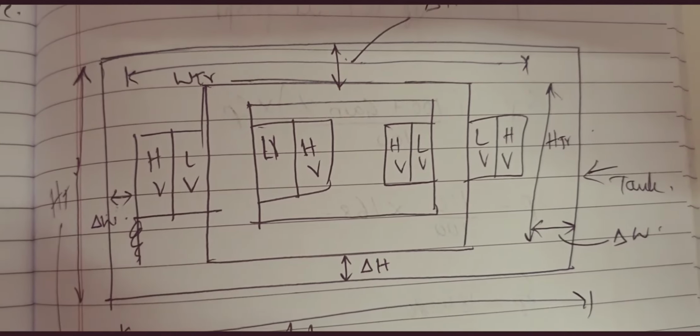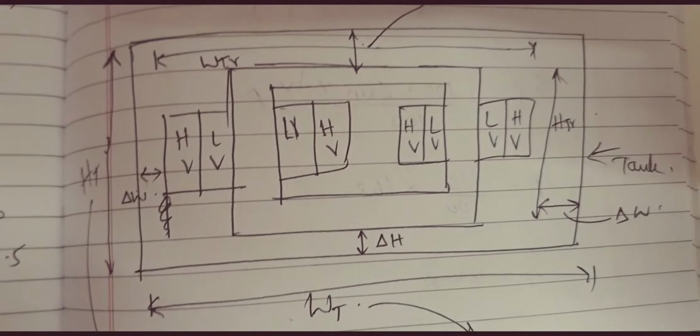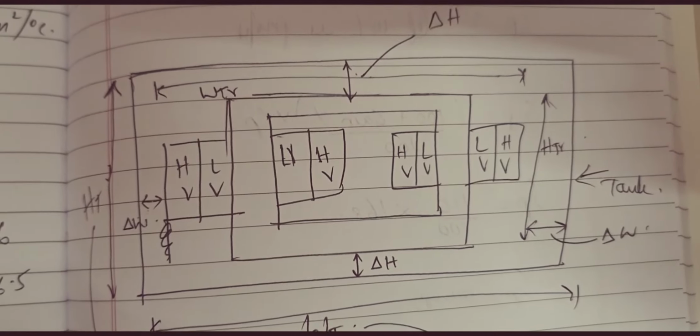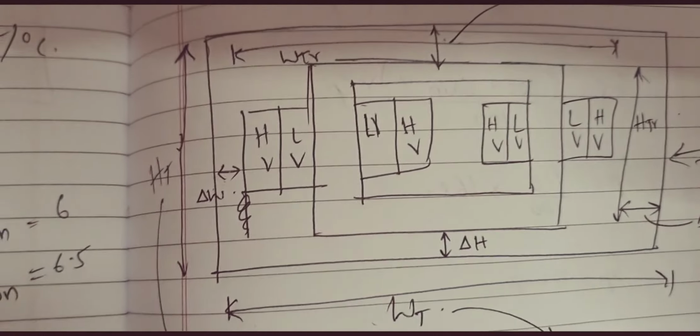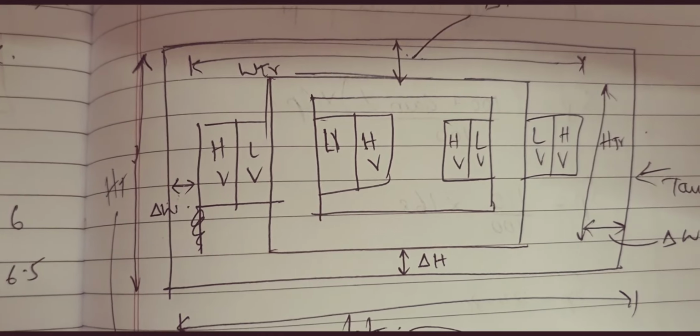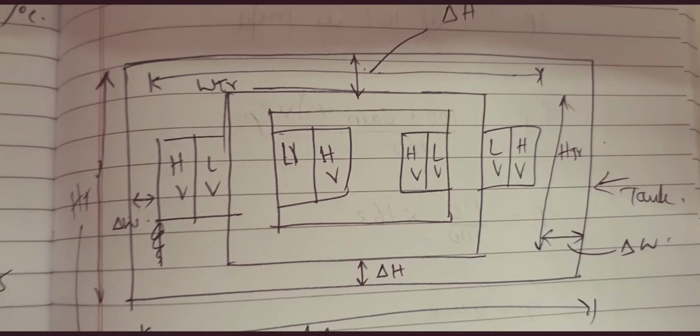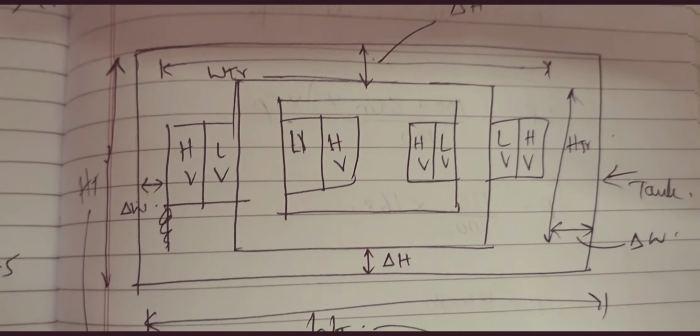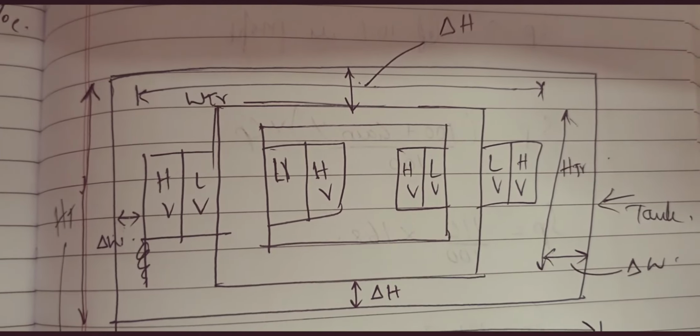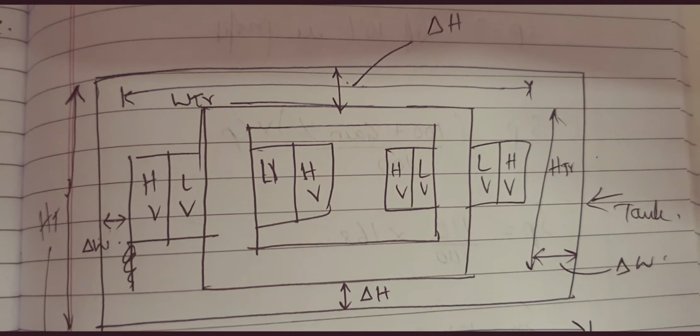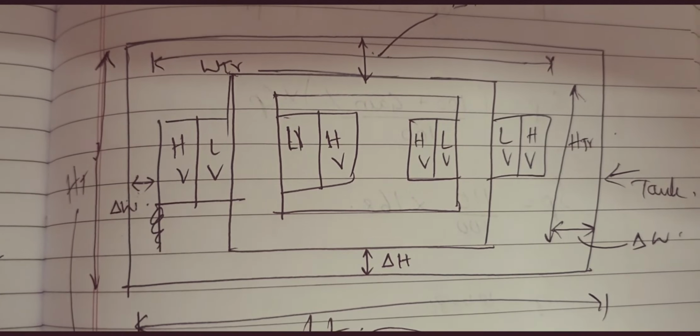That is nothing but clearance, the gap between your core and the transformer tank. Similarly, delta W is the clearance along width, and WTR is nothing but the width of your core, including your winding.